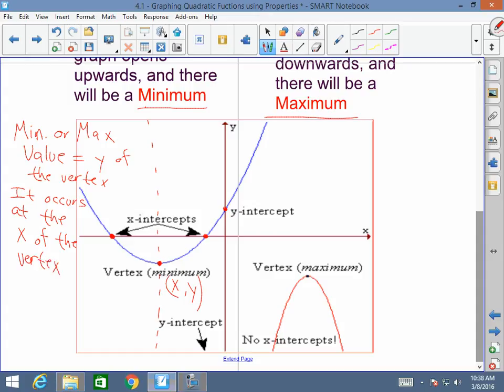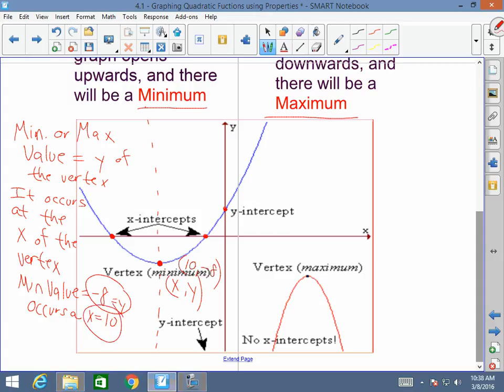Just for giggles, let's say that this vertex right here was (10, -8). In this particular case, my minimum value would equal negative 8. Where does it occur? It occurs at x equals 10.